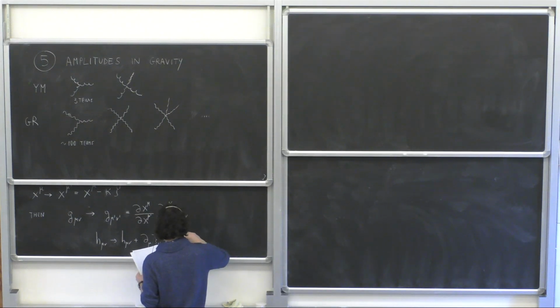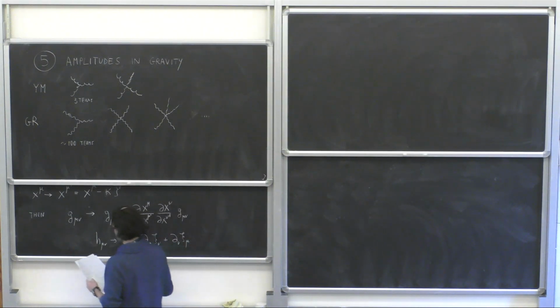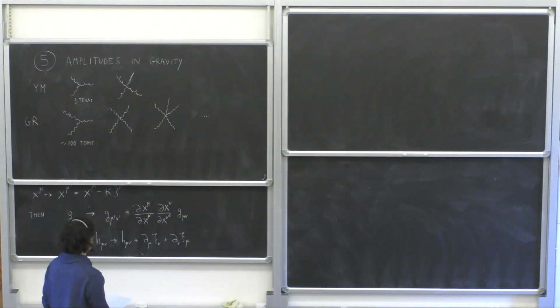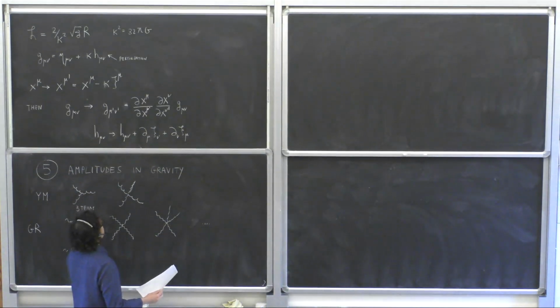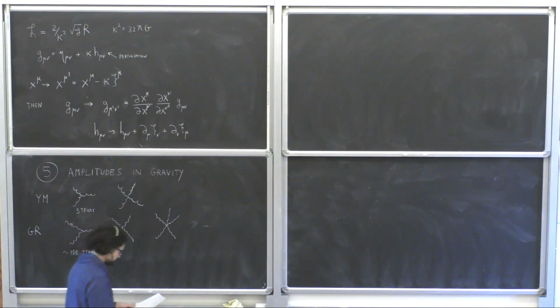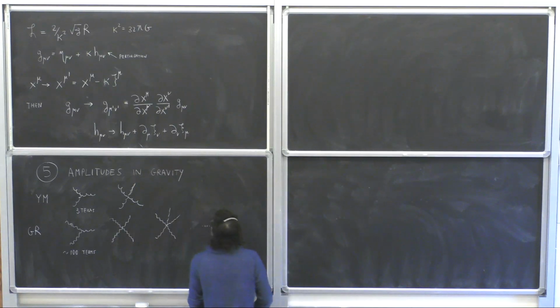Namely, this is the gauge invariance, which corresponds not to a spin 1 particle, but to a spin 2 particle. Again, this holds at the linearized level.